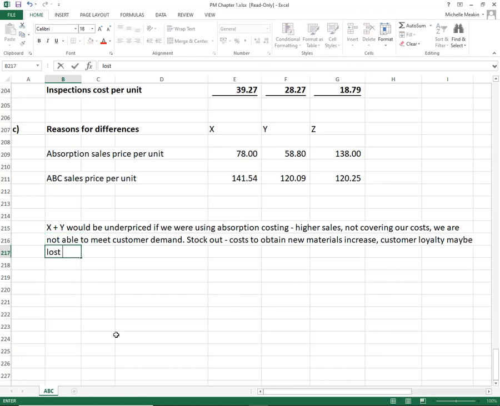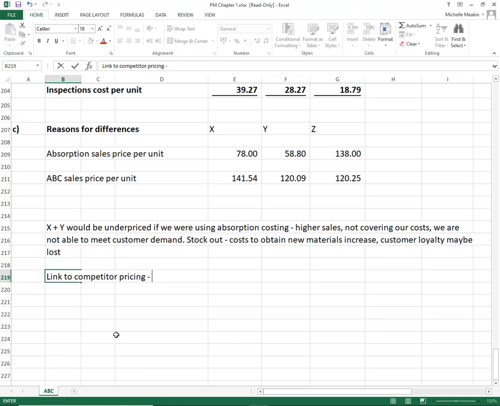They may go elsewhere. You could link some comments to competitor pricing. We may be in a situation whereby we would not be pricing effectively and in competition with our competitors.